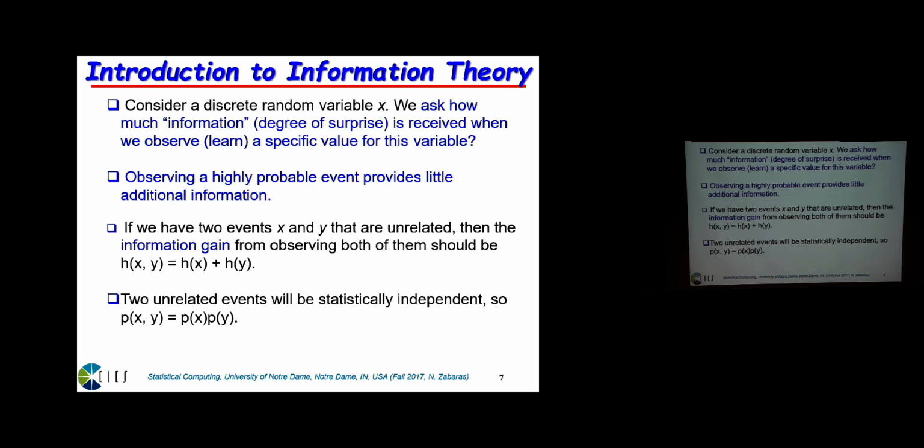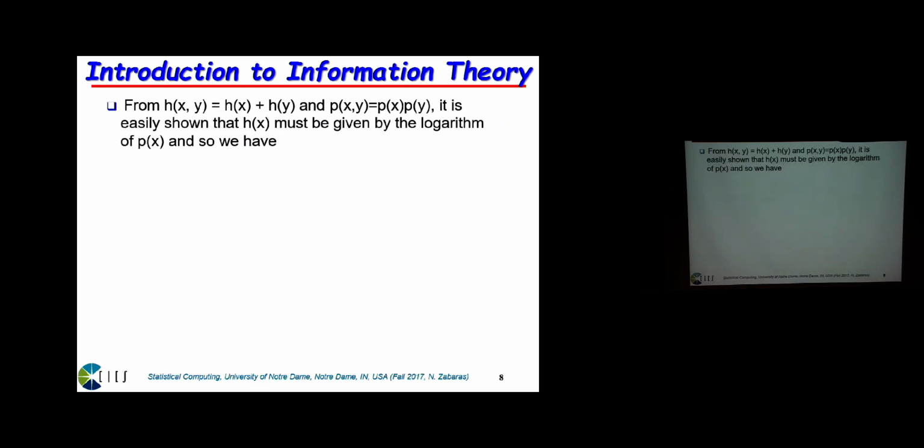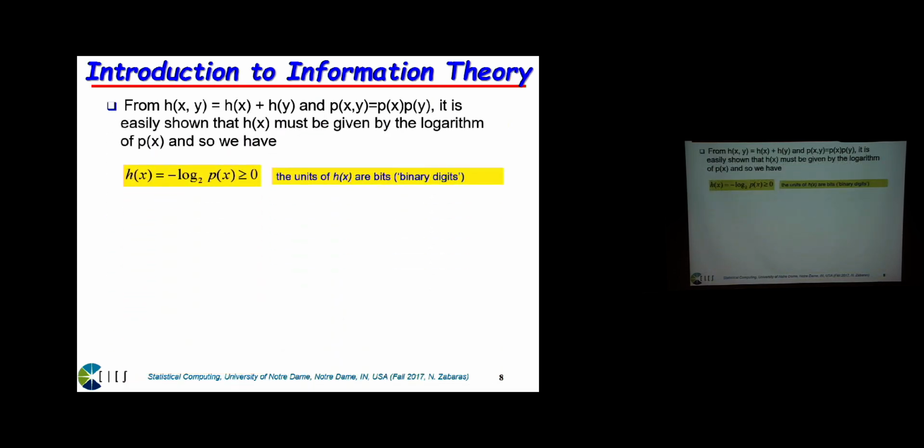So can we use this equation to come up with a proper definition of h? And the answer is yes. And so we define this degree of surprise, or information that we gain when we learn x, to be minus the log with base 2 of p of x.